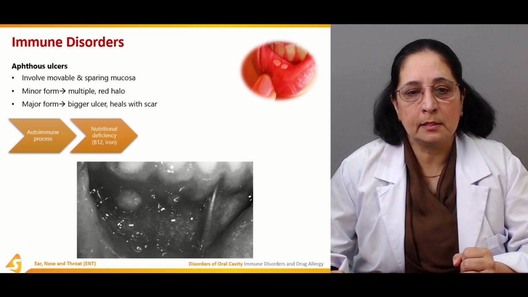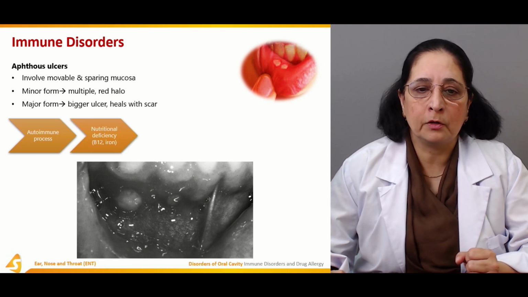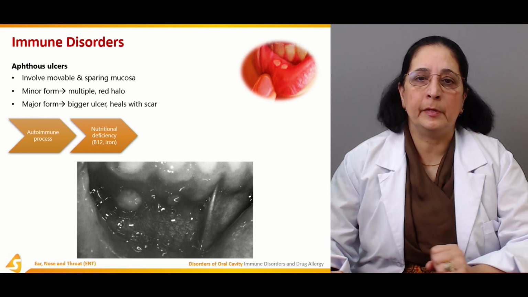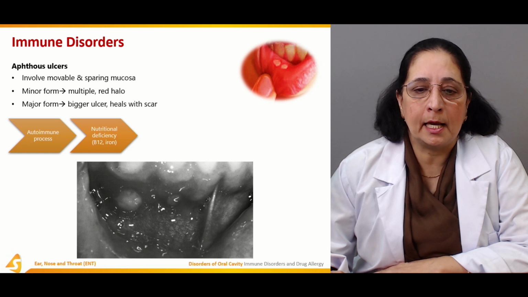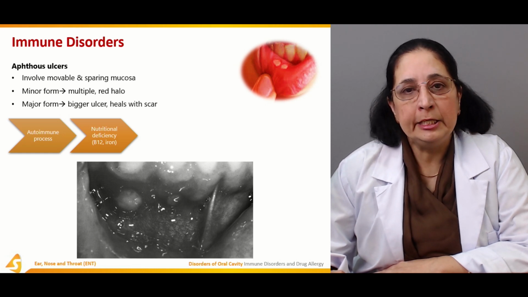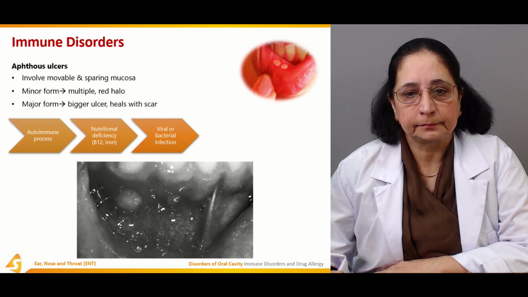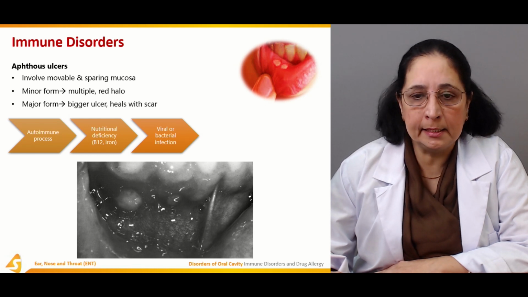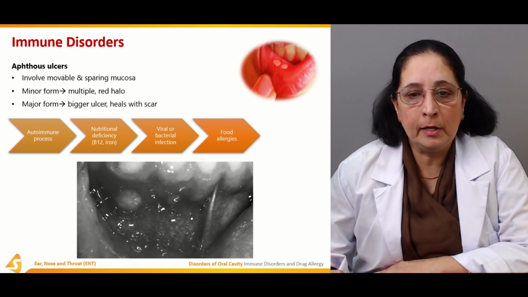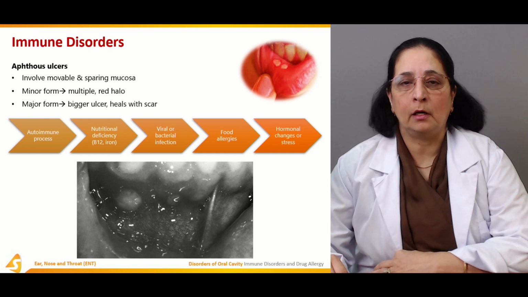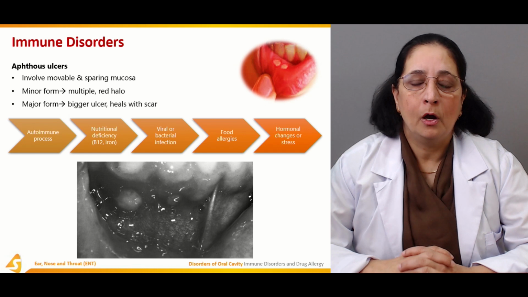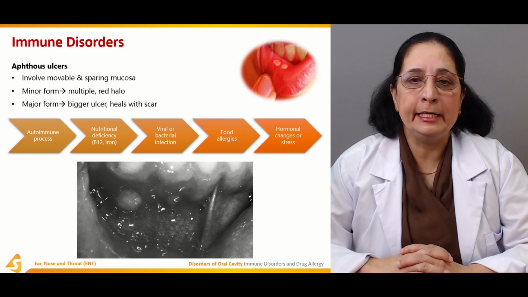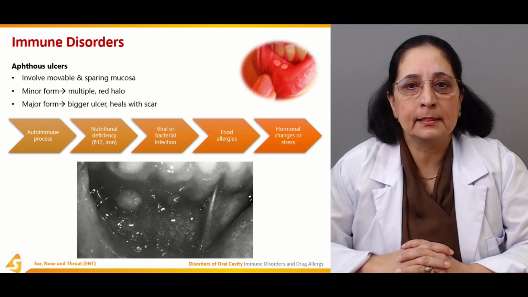It is an autoimmune process. There is also nutritional deficiency, especially vitamin B12 deficiency and iron deficiency, that leads to these ulcers. Viral or bacterial infections, food allergies, hormonal changes, or stress can all lead to aphthous ulcer.